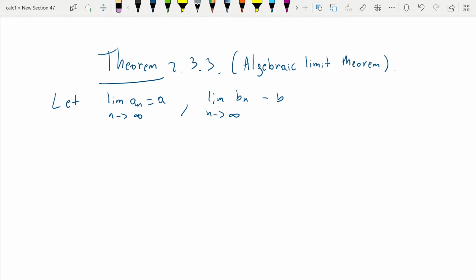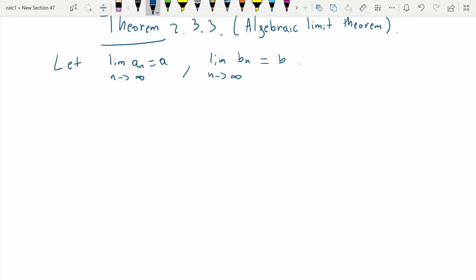Then we have: one, the limit of a constant c times a_n is just c times a.